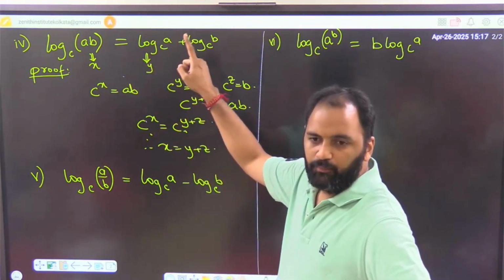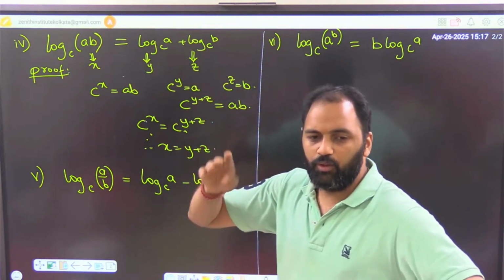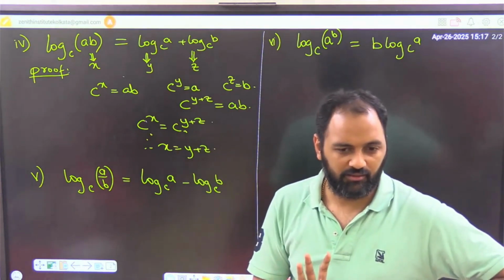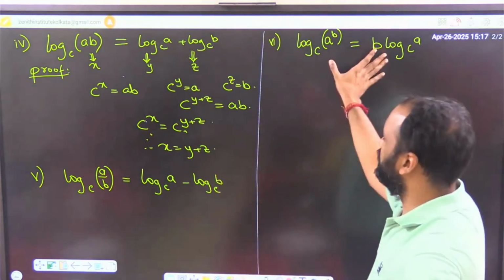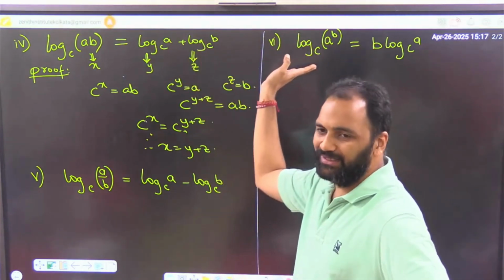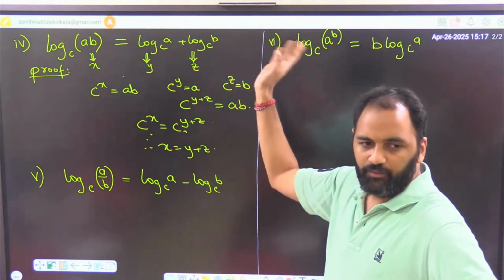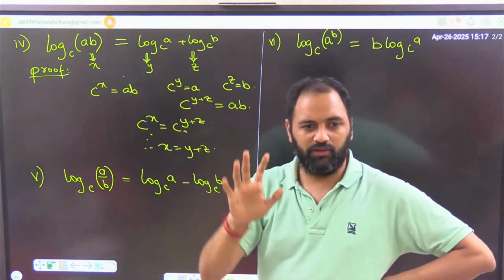Log a plus log a plus log a, written 3 times. But what will be log a plus log a plus log a? 3 log a. Is anyone able to follow this? The proof of this property is basically an extension of the property 4. Property 6 is an extension of property 4. Is everyone okay with this part?